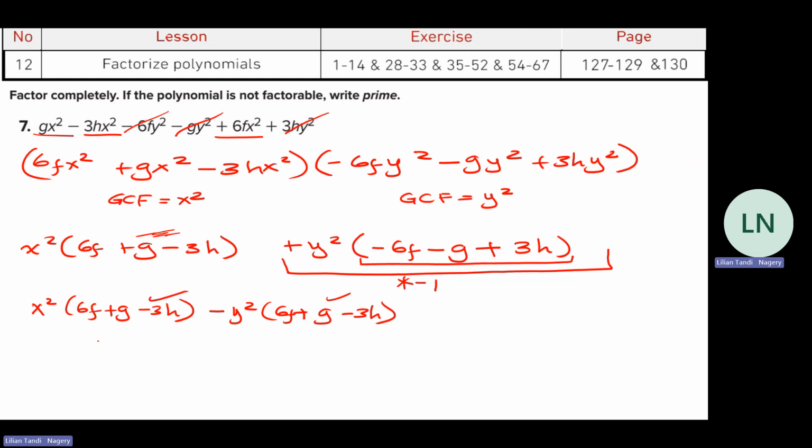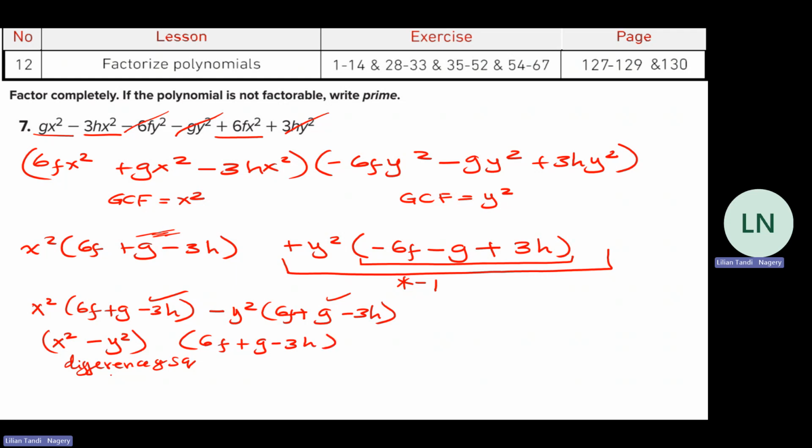Now they are the same. So now I can write x squared minus y squared, and this becomes difference of squares. And then I'm going to multiply with 6f plus g minus 3h.